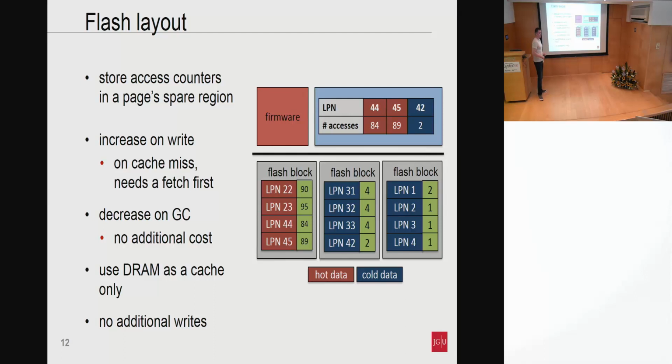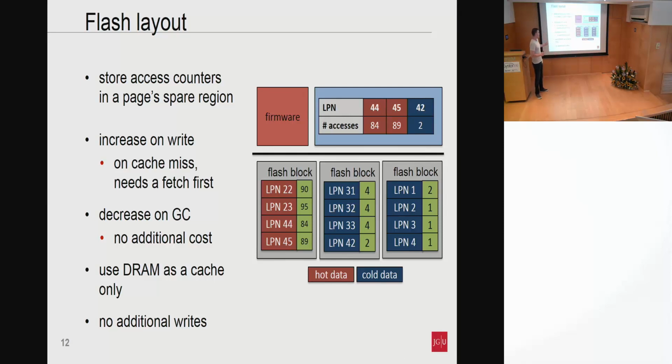Let's summarize our approach here. First, we now store the access counters in the spare region of each page. We don't store them in the DRAM anymore. We increase the access counter whenever we write to a logical page, and we decrease it when the logical page is moved by the garbage collection process. We use the DRAM only as a cache and not as a requirement anymore.